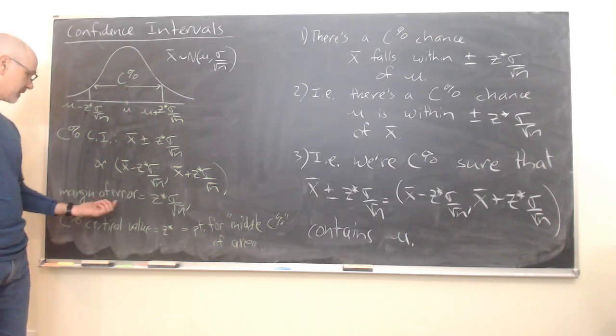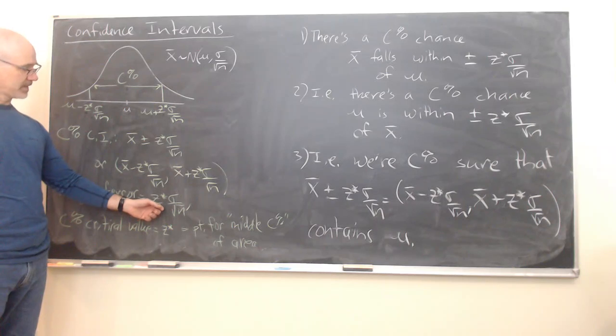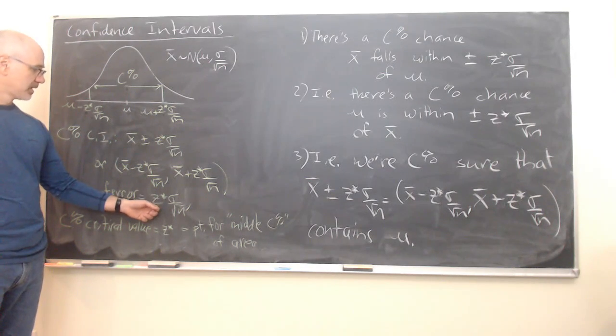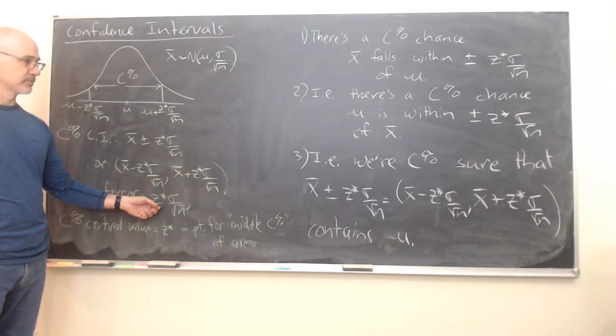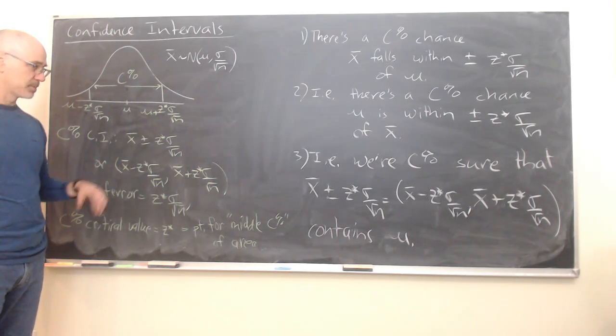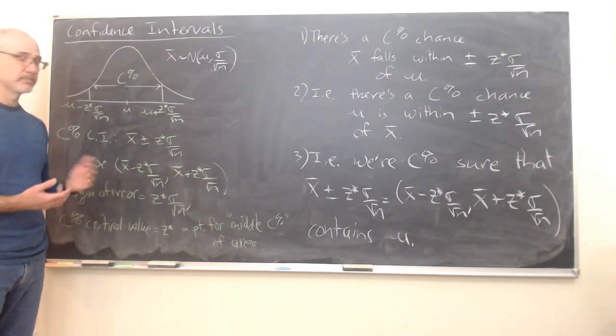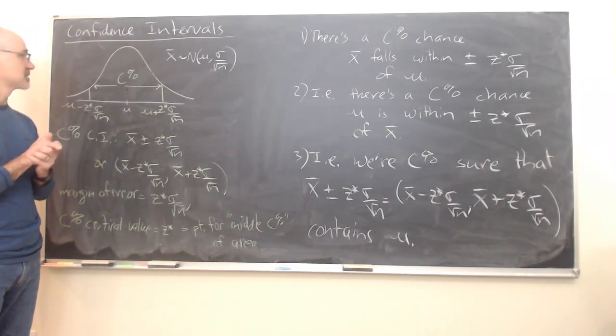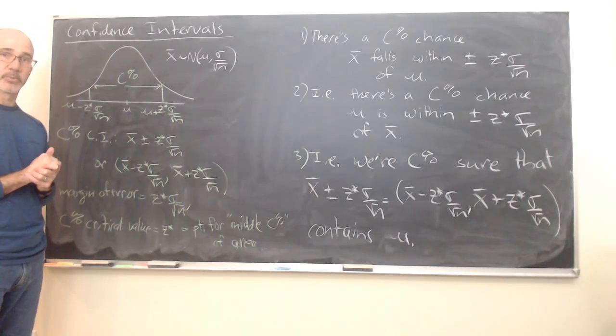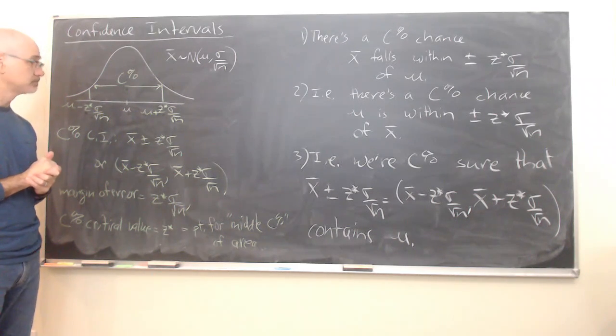And then finally, the thing that we're plussing and minusing around x bar, the z star sigma over root n, that's called the margin of error of the interval. Right? So if we had x bar plus or minus 3, the margin of error would be 3, and then the confidence level tells us how sure we are that we're within the margin of error for mu.